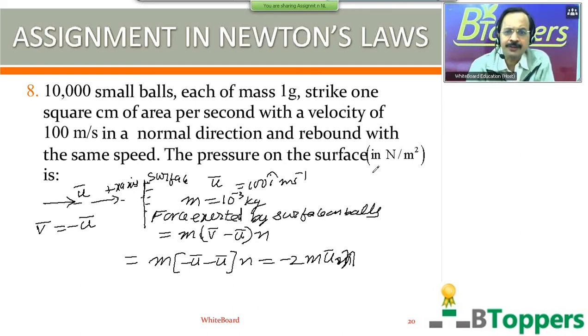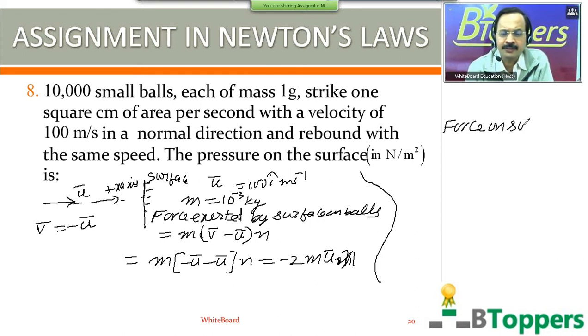So the force on the surface by the balls will be equal and opposite to the force on the balls by the surface. The average force exerted on the surface by the balls, denoted by F bar, will be the negative of the force on the balls by the surface. Action equals negative reaction. So we can write 2 m u bar N.